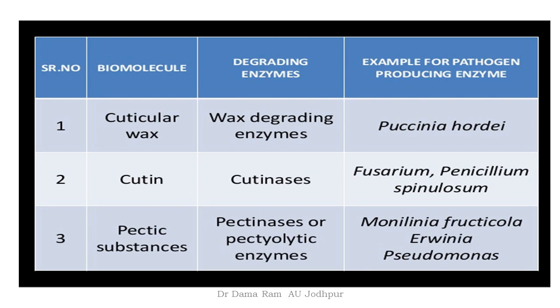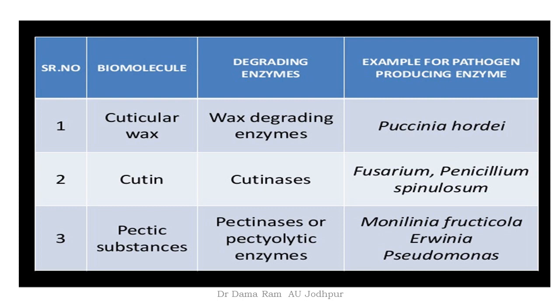Now come to the summary of what biomolecules are present in host cells, what the degrading enzymes are, and what the examples are. First we can see the cuticular wax, which has a wax degrading enzyme, and the most famous example, many times asked in exams, is Puccinia horridula.